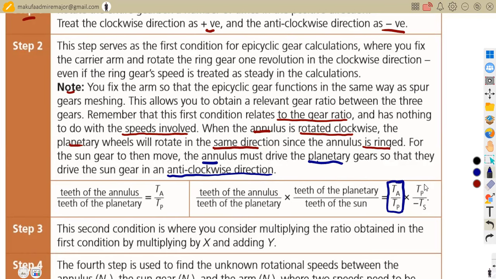Then we talk about the combination of the sun gear and the planetary. But the sun gear must be anti-clockwise, so that's why we end up with the minus. So this is a stage that we are going to see on our table.